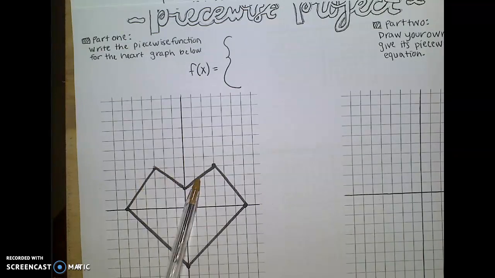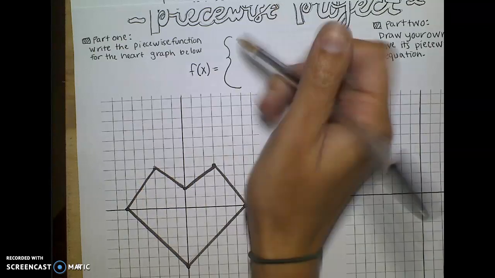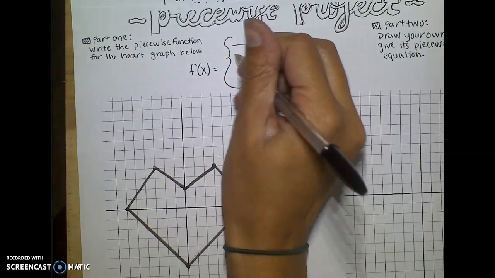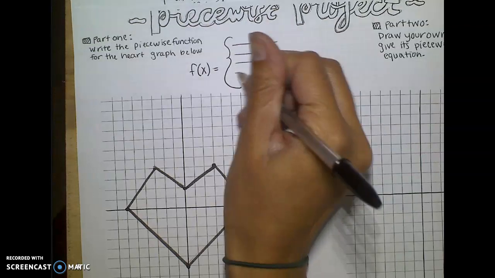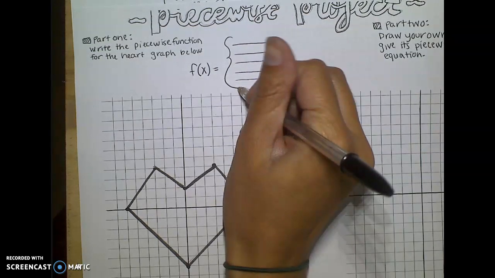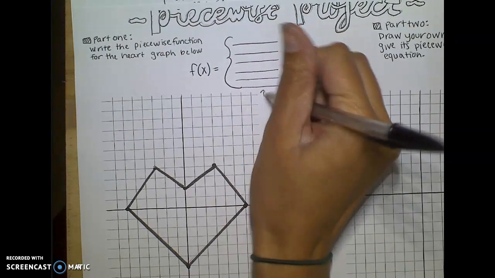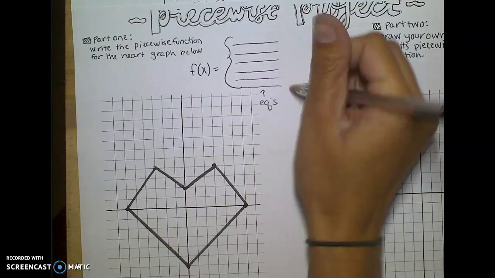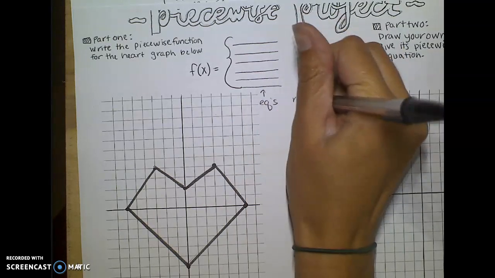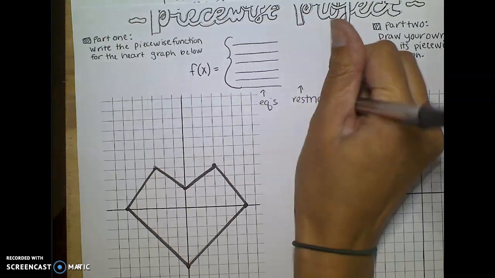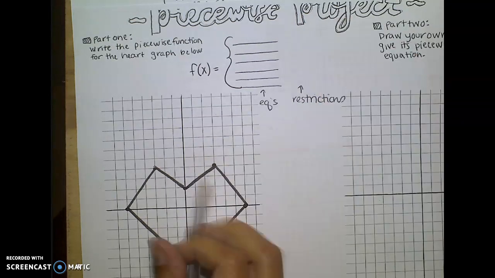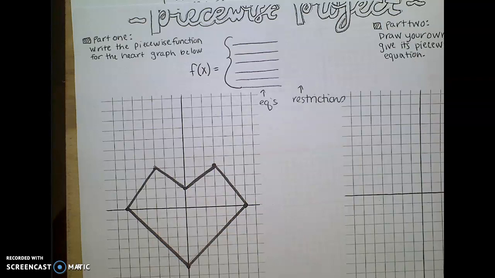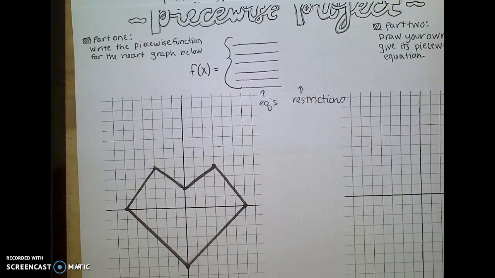So 1, 2, 3, 4, 5, 6. So you're going to have 6 equations, and you're going to have 6 restrictions, because these graphs are only in between certain values. So hopefully that helps. Have a good one.